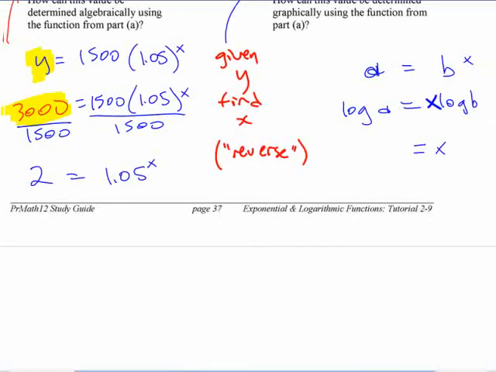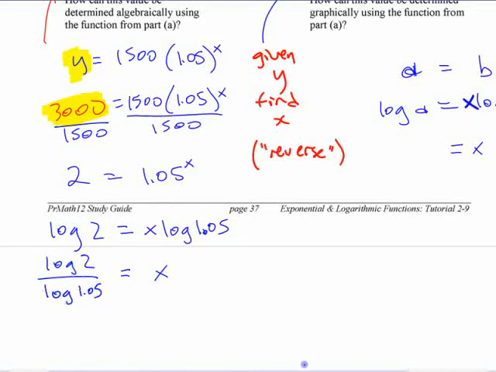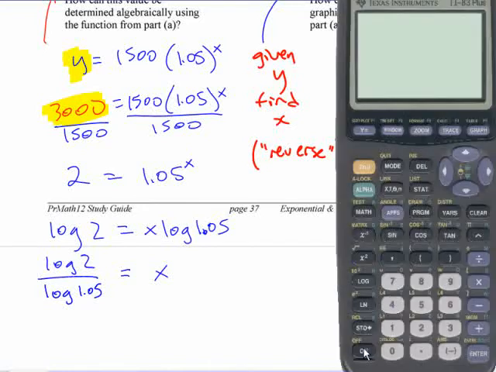I'm hoping by the time you're done this unit, you could do this kind of in your sleep almost. X times log 1.05. So you get x is whatever log 2 divided by log 1.05 is. Might as well actually find the real number on the calculator here.